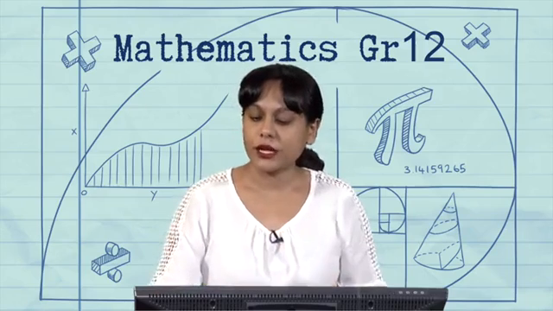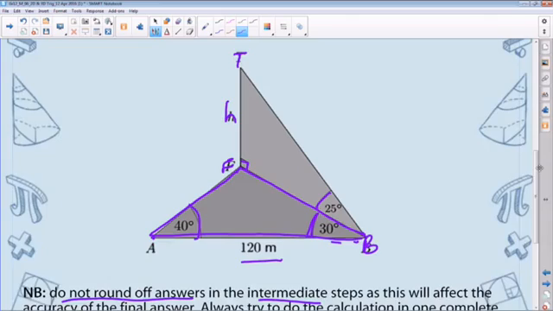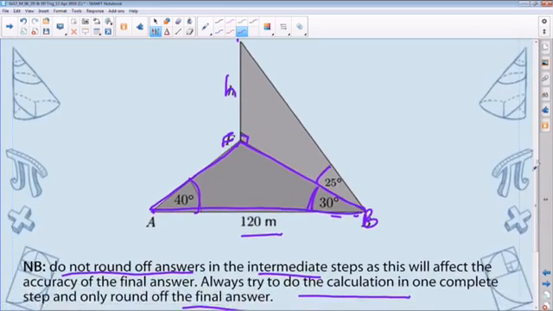Okay. All right. So let's talk about this question. Have a look at your drawing. You need to work out height TF, which is the height of this pole, which is H. So what you do is you start, as I said to you before, with the triangle with the most information. And we see that that's happening in triangle FAB. So that's the triangle with the most information.